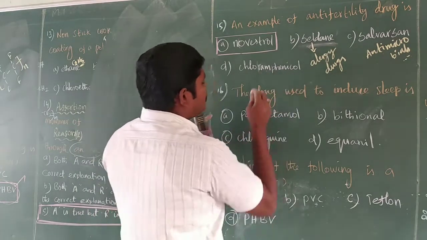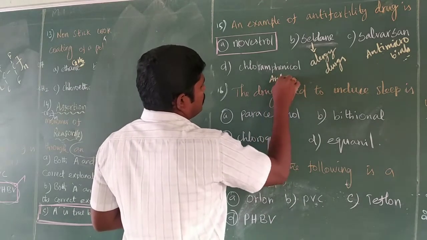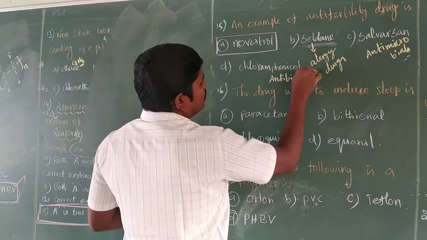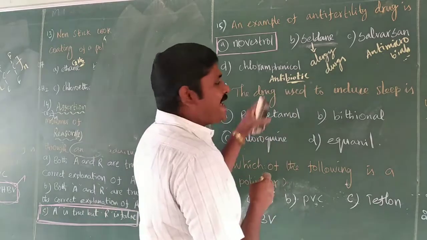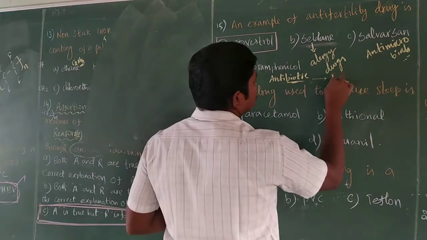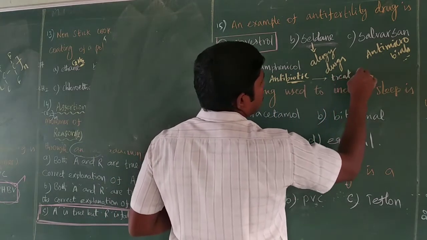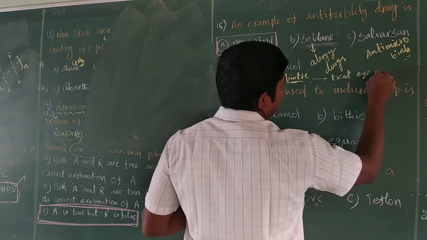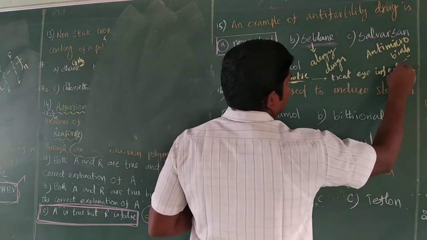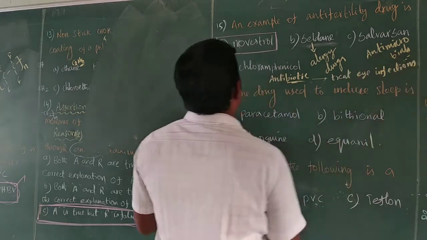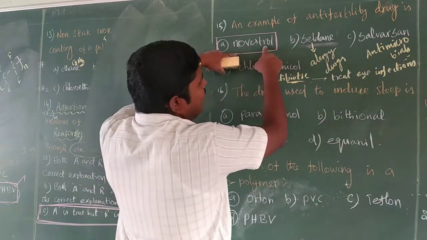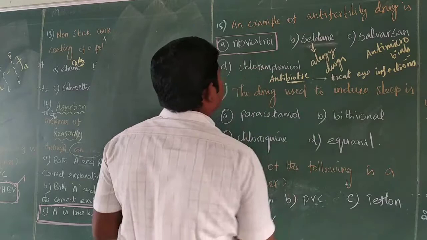Chloroambinicol is an antibiotic. Antibiotics treat eye infections. Right? So Novostrol is an anti-fertility drug.